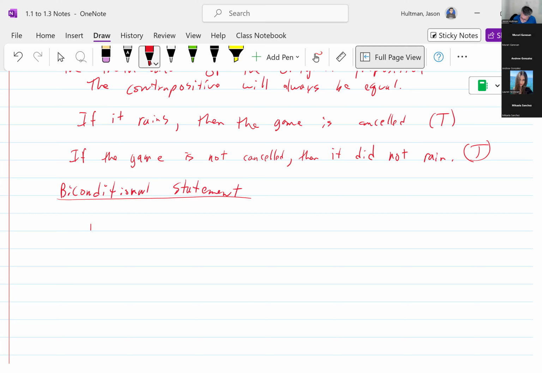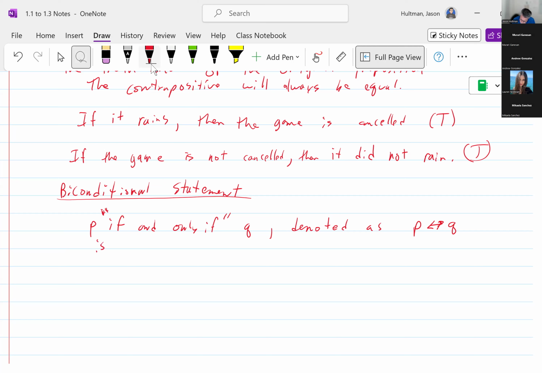Okay, so P if and only if Q. P if and only if Q is denoted as P, and now we have a double arrow, which means that it goes both ways. P implies Q, Q implies P, both ways.